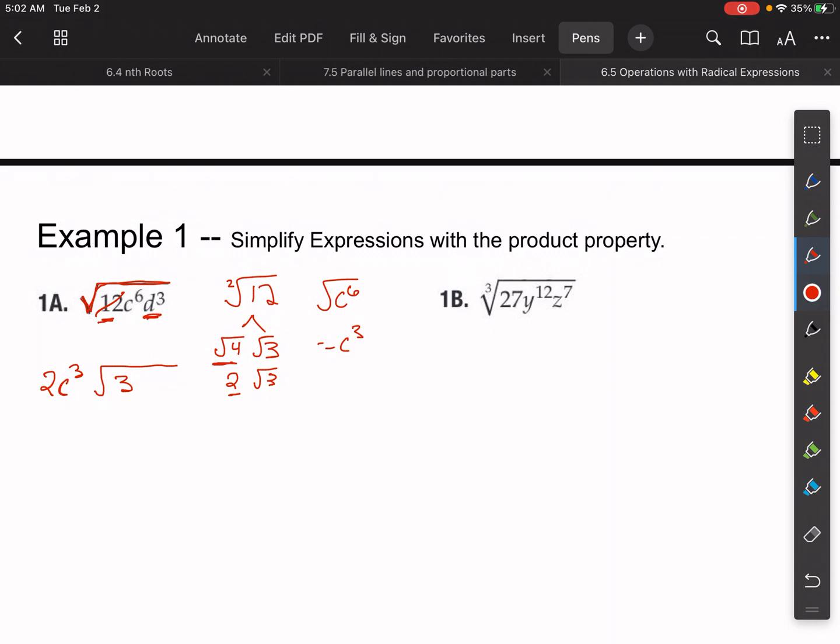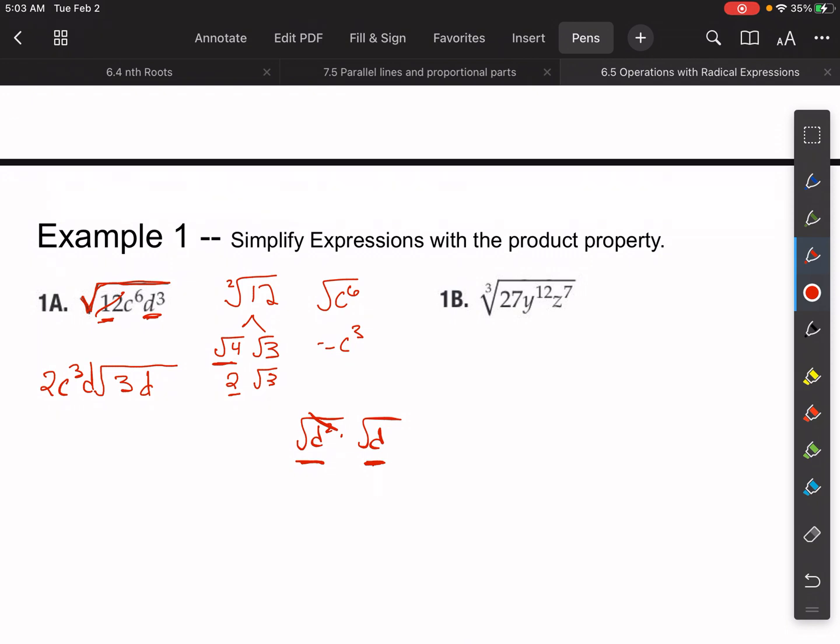For d to the 3rd, we can always take 2 powers out. So d to the 3rd is the same thing as d squared times d. I can break that up into these two pieces. This one cancels, so it's the same thing as d root d. One gets canceled, the other, nothing cancels, so it gets left behind.